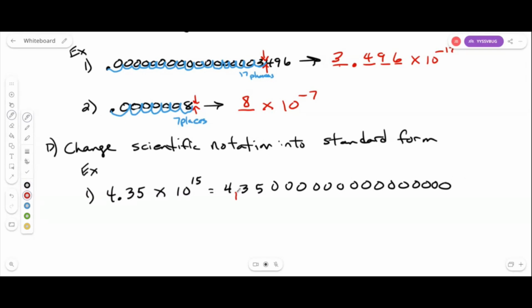The decimal place right now is sitting right here. I have to move it 15 places to the right. So 15 places would be 1, 2, 3, 4, 5, 6, 7, 8, 9, 10, 11, 12, 13, 14, 15, right here.